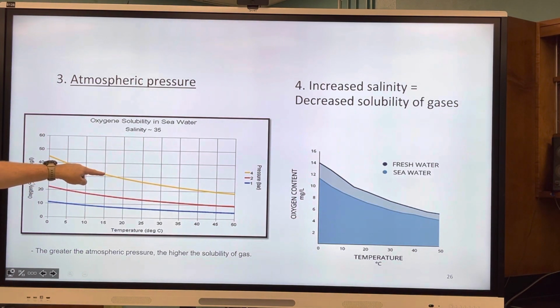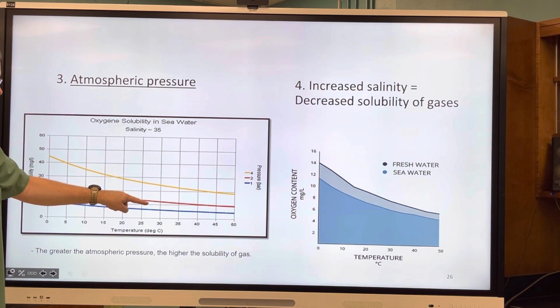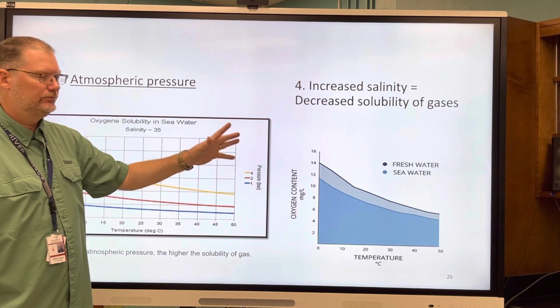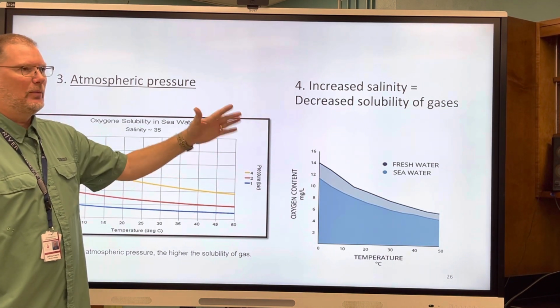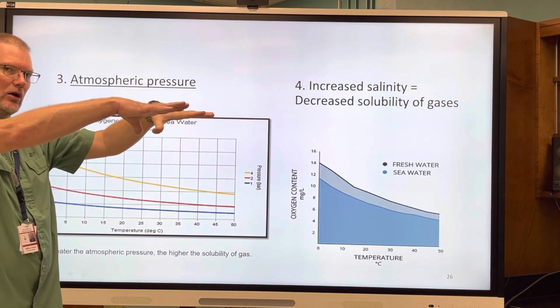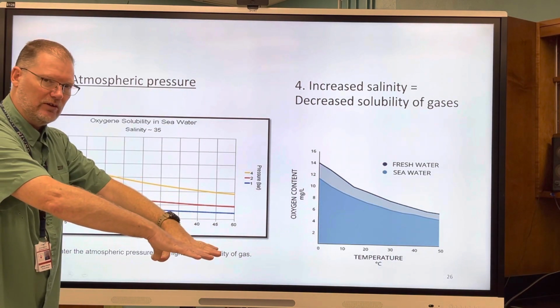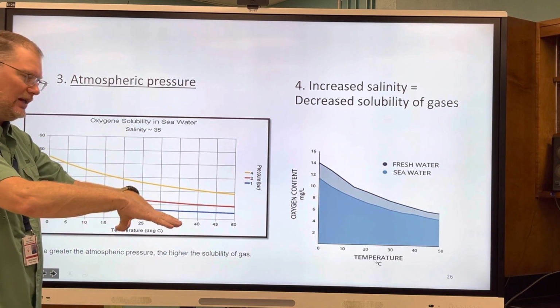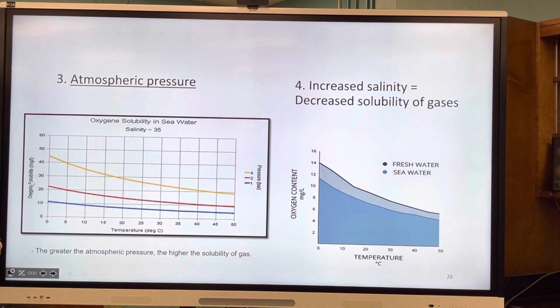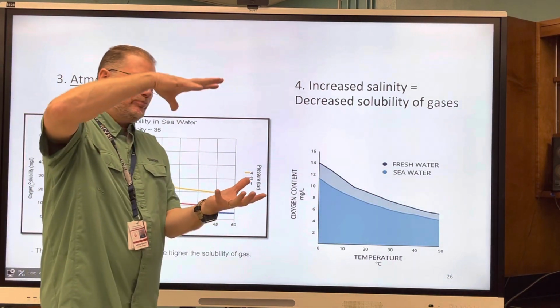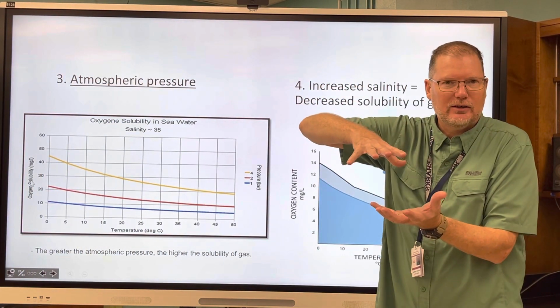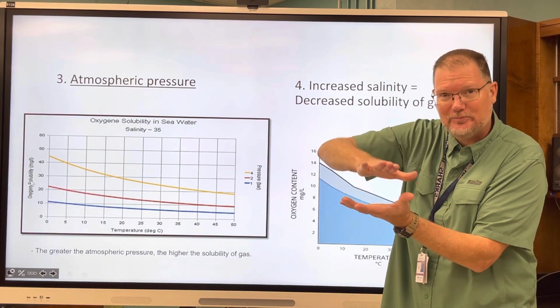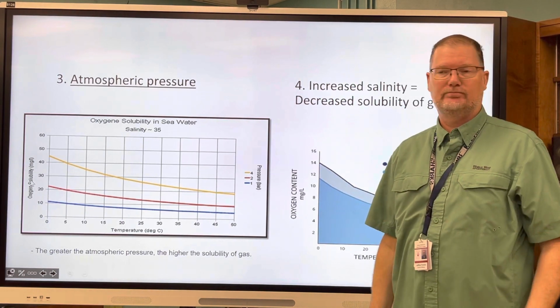So the higher the pressure, 4, more soluble. 2 is red, less soluble. 1, which is, bar is just a measure of how much pressure is being exerted by the air on the water's surface, okay? That's a measurement. So the greater the pressure, think about it, it's pushing air, gases, onto the surface of the water, and so that's going to increase solubility.